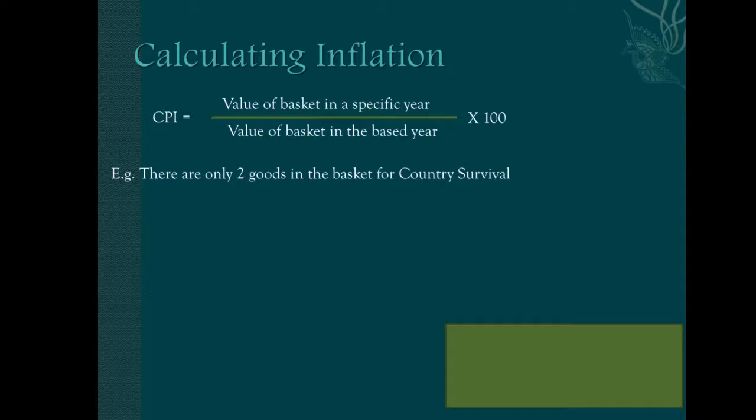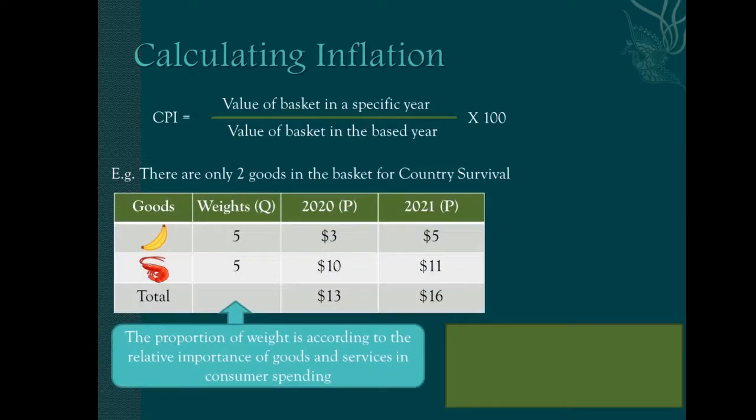That's the assumption, to make things easier. As a government, we are going to put those two things inside the basket for the calculation of CPI every year. Let's say those two goods are bananas and shrimps. All they need is bananas and shrimps in order to survive.